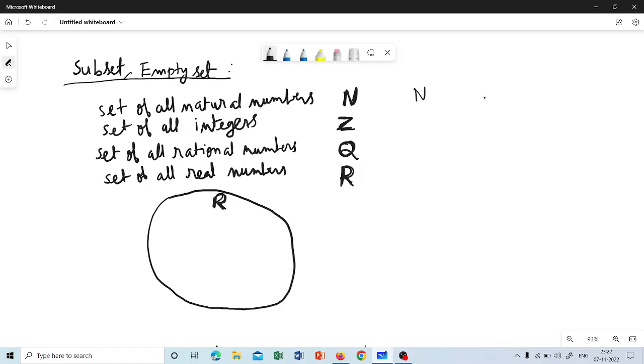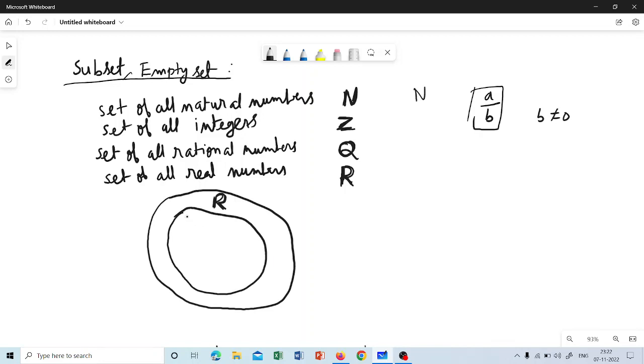Rational numbers are numbers which I can represent in the form of a by b, fractional form, where b is not equal to 0. So such numbers are rational numbers, so I take that circle, then comes the rational numbers.